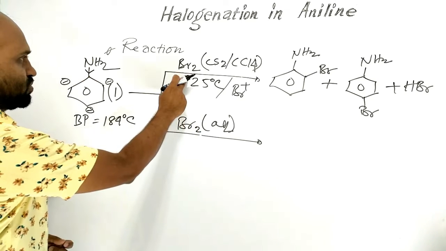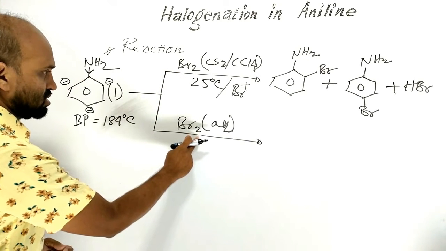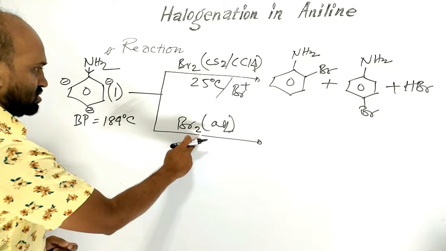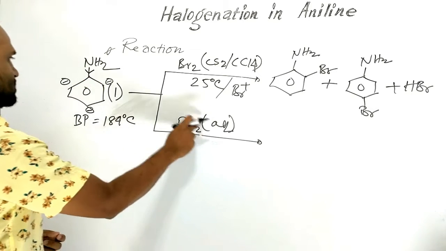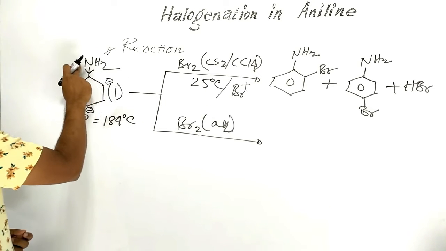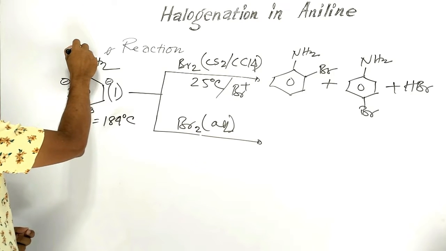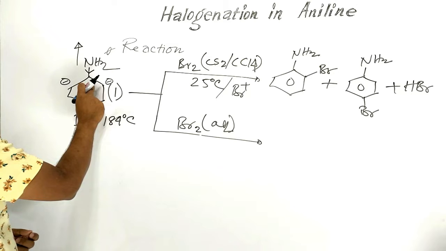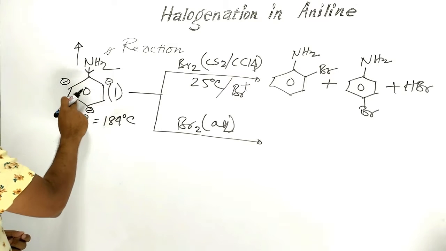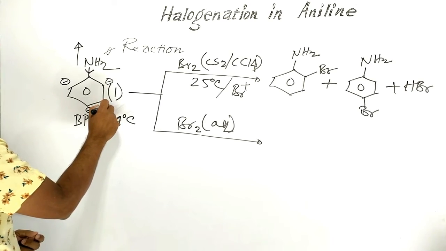Here a non-polar solvent is used, but in this case a polar solvent is used. When a polar solvent is used, then the electron donating capacity of the amino group increases. That is why electron density increases at the ortho and para positions to the highest level.